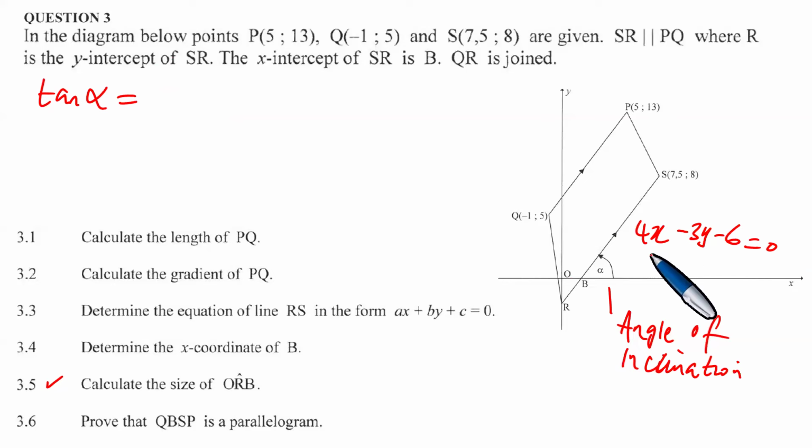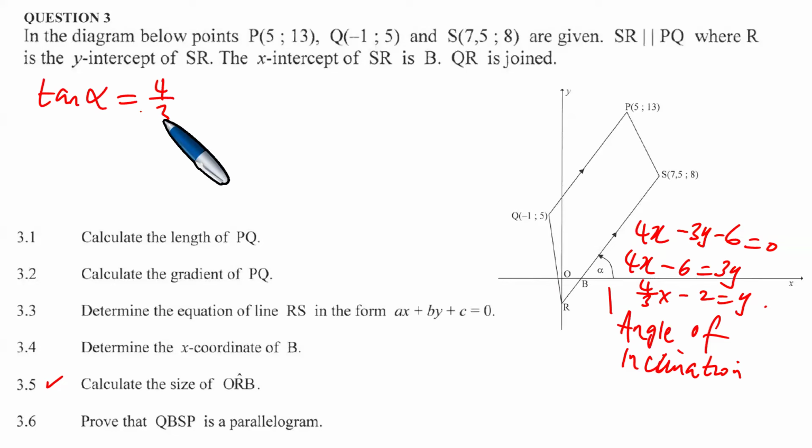Now we can manipulate here and have 4x minus 6 equals 3y. You divide through by 3 so that we have 4 over 3 x minus 2 equals y. Now we find the gradient, and the gradient is 4/3.